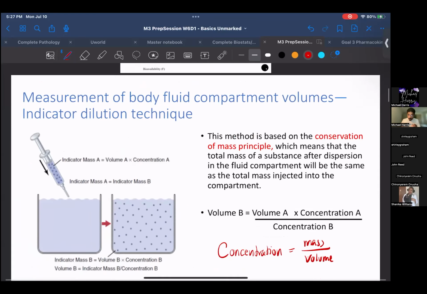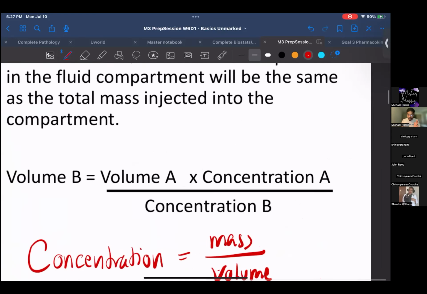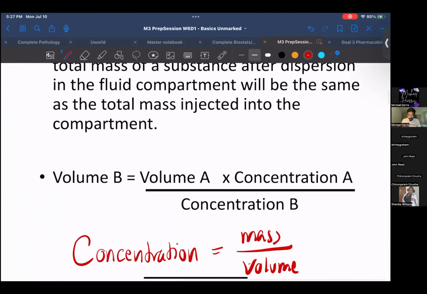This concept doesn't go away. It stays the same. This here ends up being the grams or mass that you injected the person with.